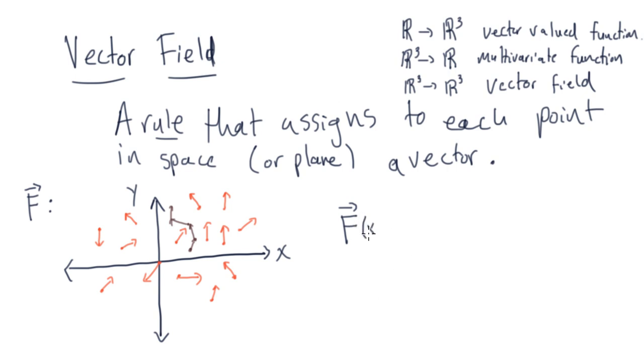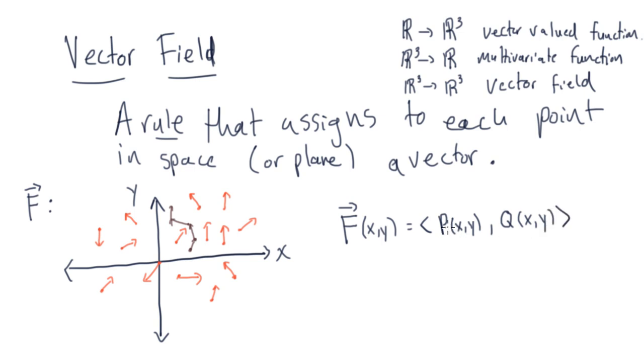In the plane, I'll take in two inputs, an xy point, and then I'll output a vector. I'm going to have two component functions: an x component function that I'm going to denote P of xy, and a y component function that I'm going to denote Q of xy.